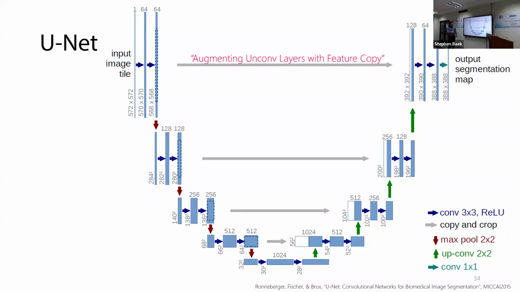So that's the forward path, the encoder path. The decoder path is the same as the previous SegNet architecture. So we do the up convolution, and then followed by the regular convolution. We do the up convolution and then regular convolution.